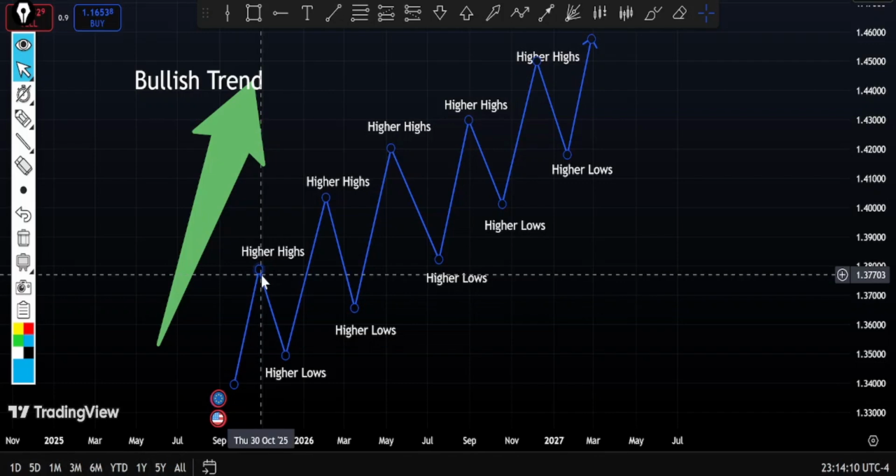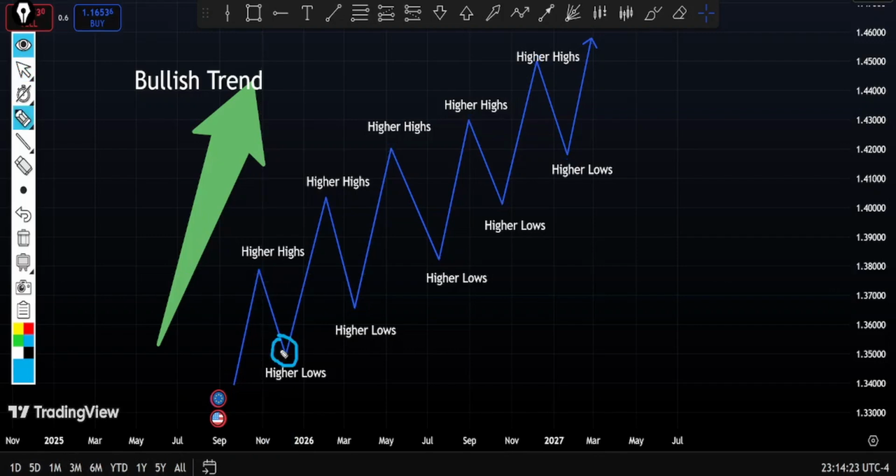Now, the bottom the market makes in an uptrend is called higher lows. The high the market makes is called higher highs, because it is higher than the previous low. So this is higher highs and this is higher lows.